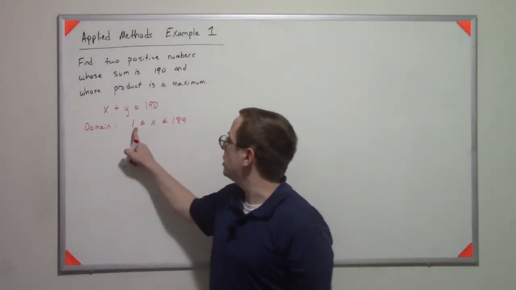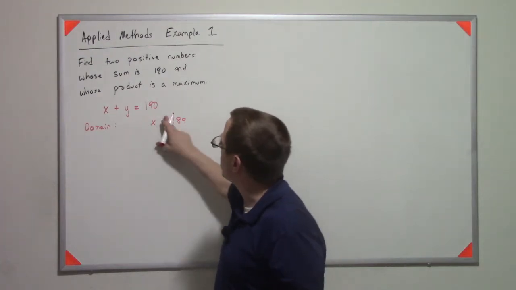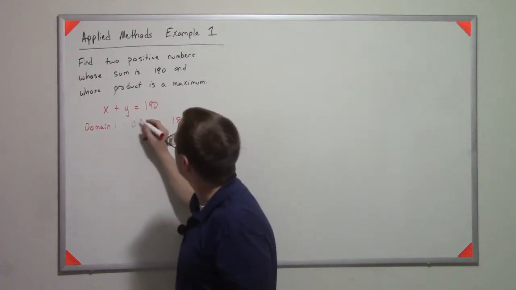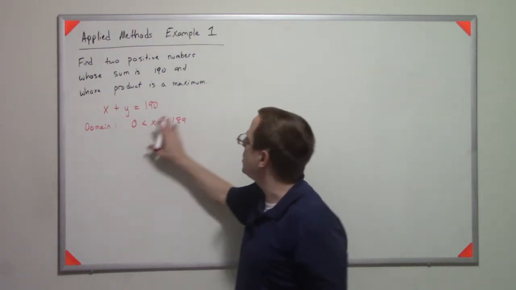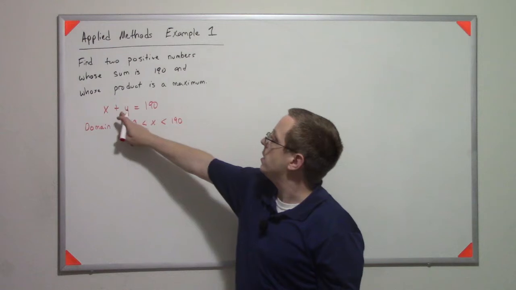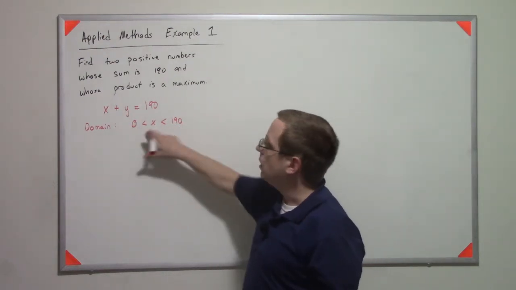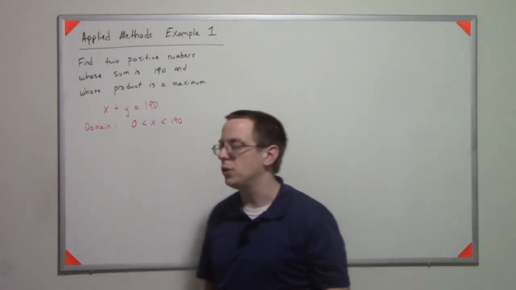Actually, technically, since it's a positive number, it doesn't have to be an integer. So it has to be larger than 0 and less than 190, because if this is positive, it just has to dink it over. So it can't go down to 0, and can't quite get to 190.